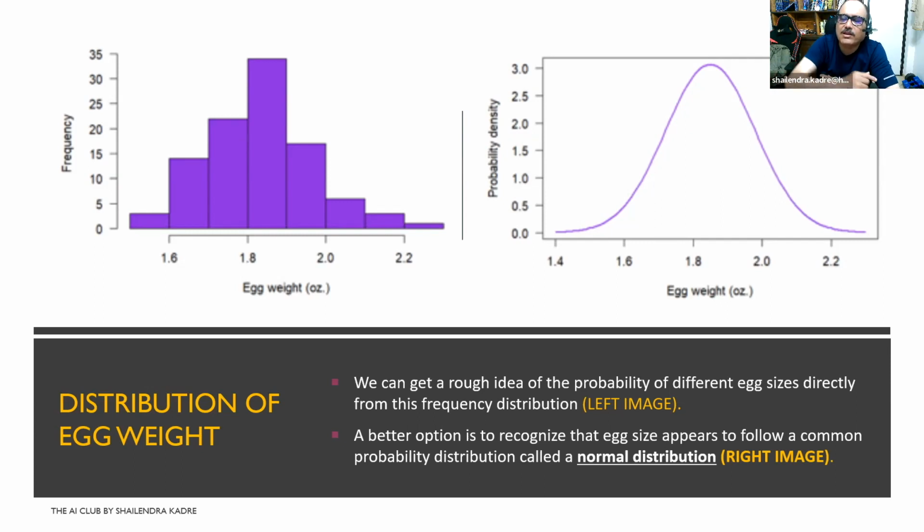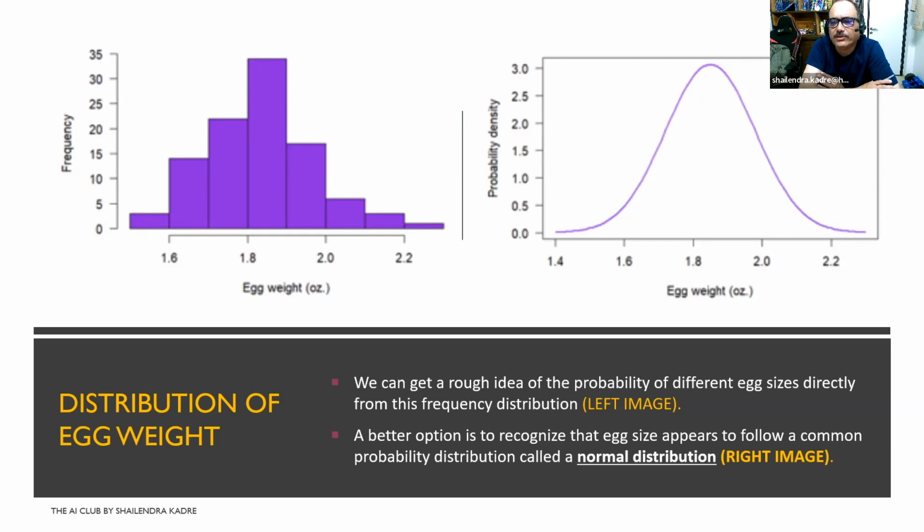We'll see the properties of this in one of our lectures. The left-hand chart is called frequency distribution, the right-hand chart is called probability distribution, and since it is a perfect inverted bell curve, we call it normal distribution.